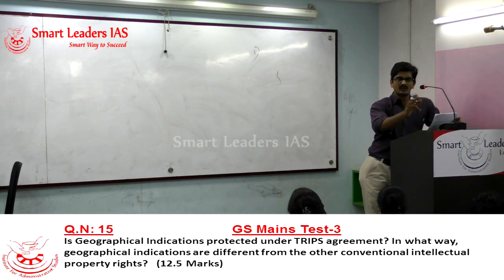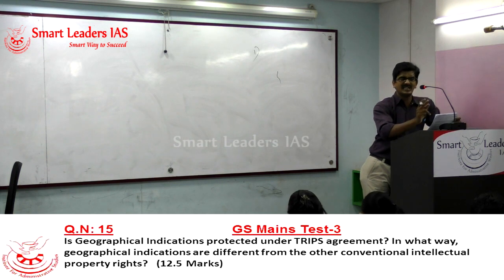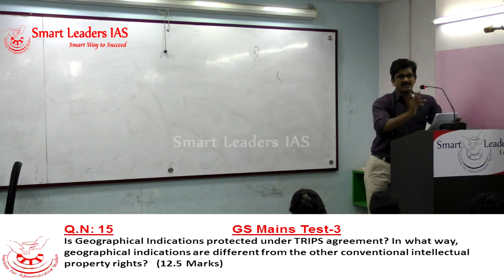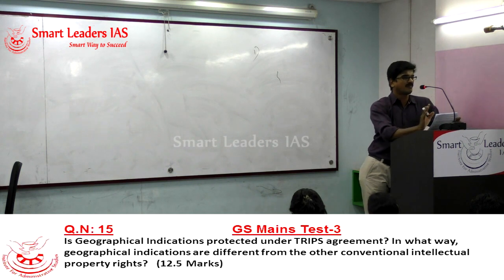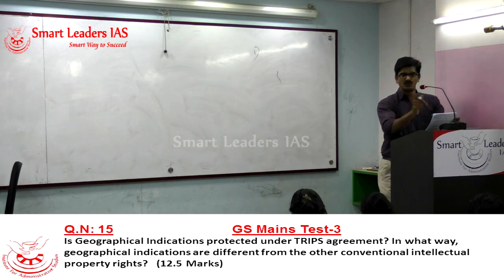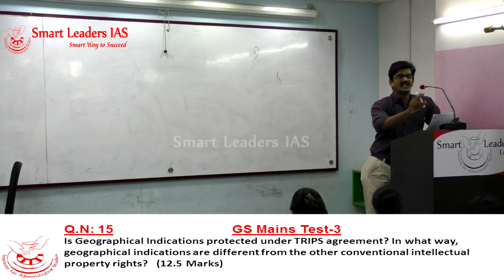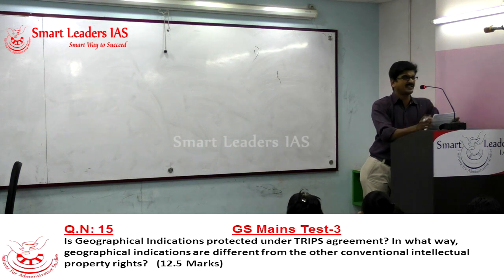Both are product identifiers, but a GI cannot be used as a trademark. GI can be used only for a good that emerges from a particular place, but nowhere else. But what about trademark? It identifies a product that emerges from a particular company. GI is from a particular region, trademark from a particular company. That's the second important difference.